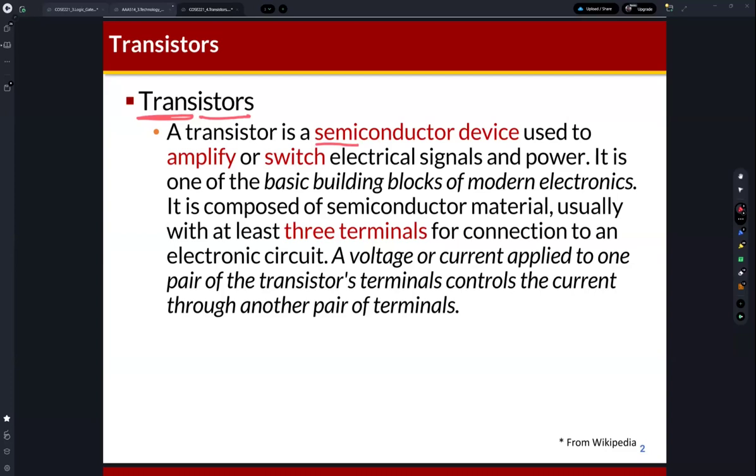This transistor is used to amplify, or switch, electric signals and power.